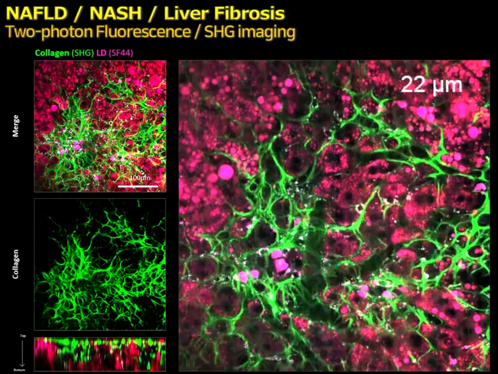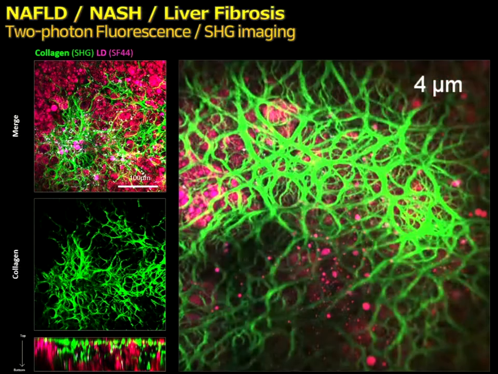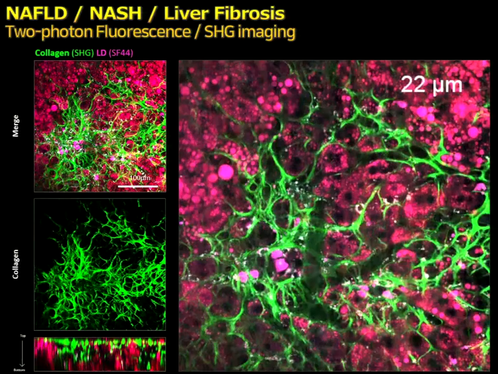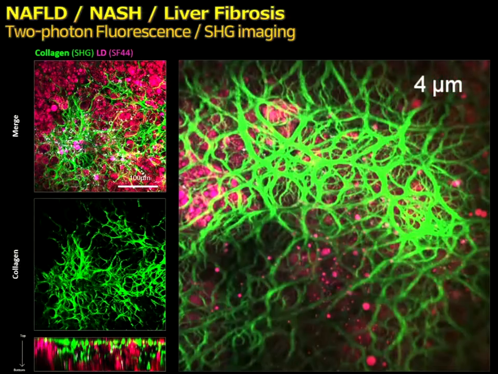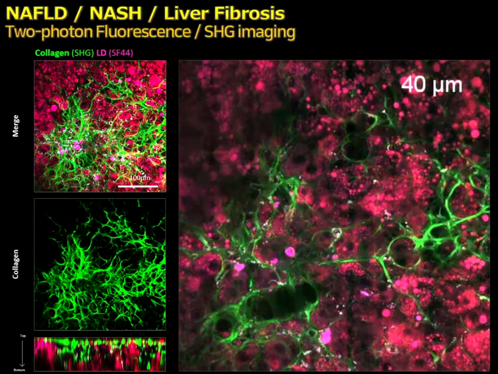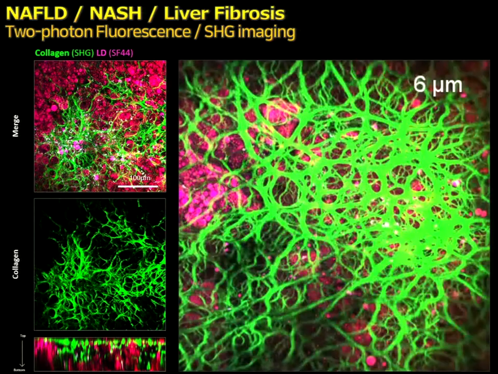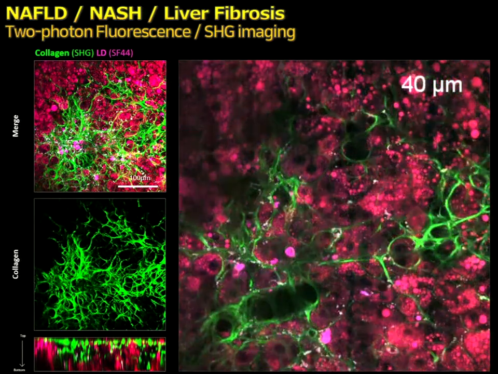And maybe some of you know that if we use a two-photon microscope, we can quantitatively monitor the collagen fiber in live tissue in vivo without any labeling. So this is the data. This is one good example we obtained from the NASH mouse model, the NASH and liver fibrosis model.